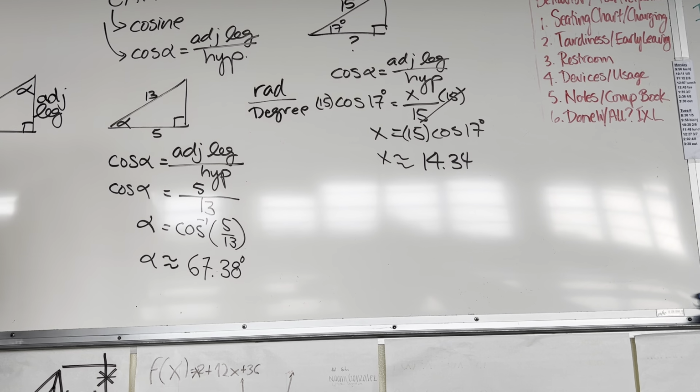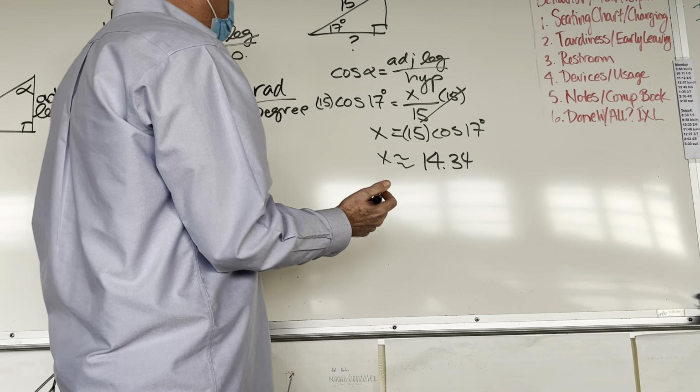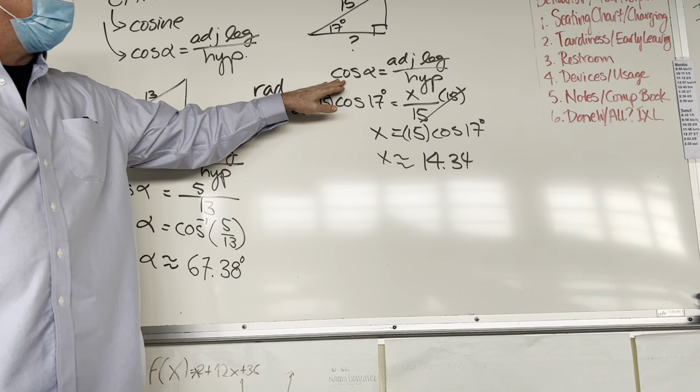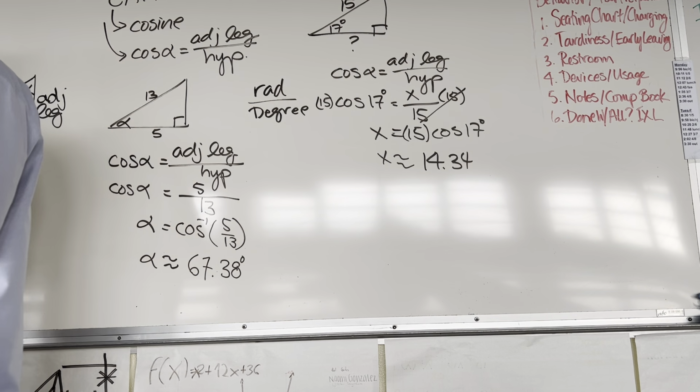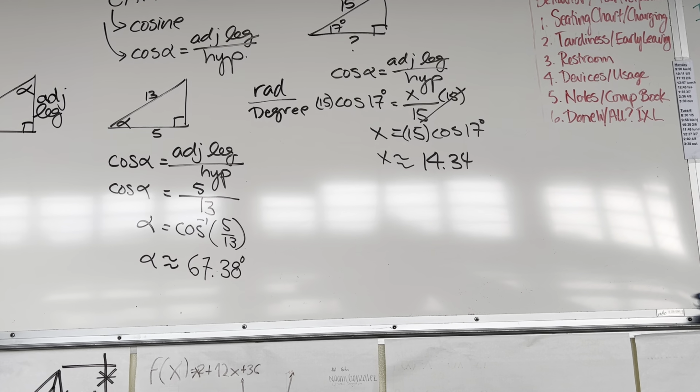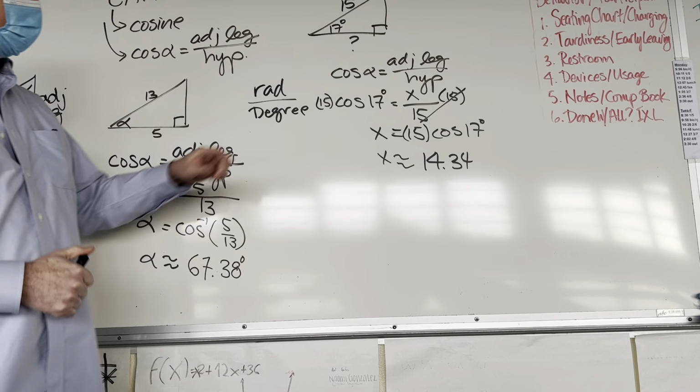Got it. Now here becomes the difficult challenge because now we have two different trig functions. We've got sine and cosine, and we'll have the third one soon. We'll have tangent also. The big question now becomes, how do I know which one to use? It depends on what information you're given in relation to the reference angle.